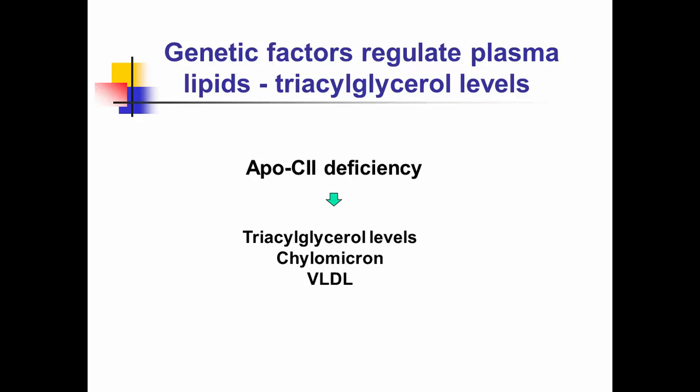And what about chylomicron and VLDL levels? If ApoC2 is not enough, they are also up, right?